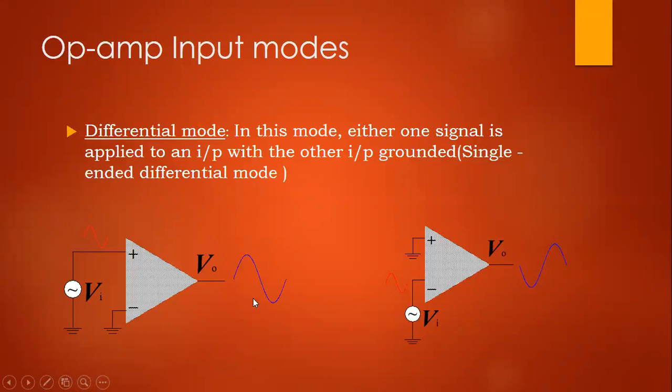Here a non-inverted amplified signal voltage appears at the output. And in this case, the signal is applied to the inverting input with the non-inverting terminal grounded. Here an inverted amplified signal voltage appears at the output.